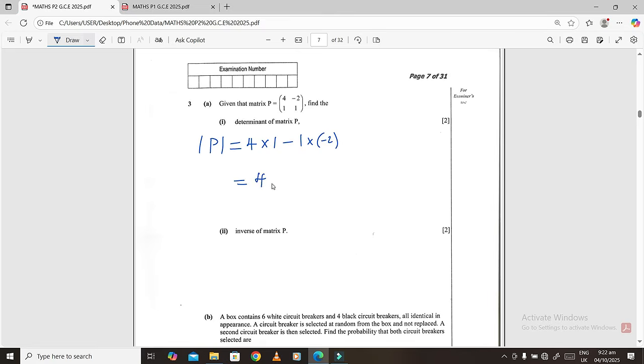So this is a 4 plus a 2, which is equal to 6. Negative and negative will give us a positive, and then this will be 1 times 2, which will give us a 2. 4 plus 2 is a 6, and this is a gradient.